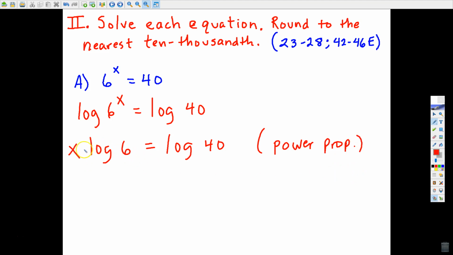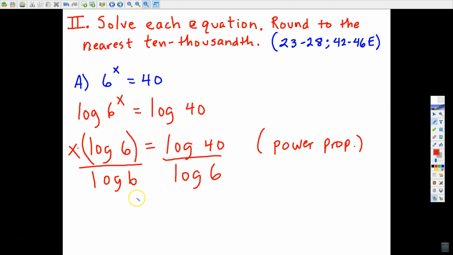All right, well now I'm solving for x. And I've got multiplication here, x times log 6. Well, how do I undo multiplication? With division. So if I want to isolate x, I can undo multiplication times log 6 with division by log 6. But if I divide by log 6 on the left, I also must divide by it on the right.